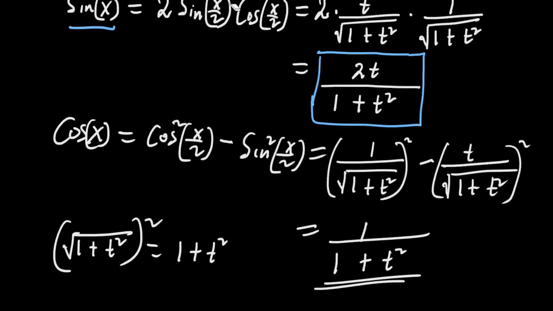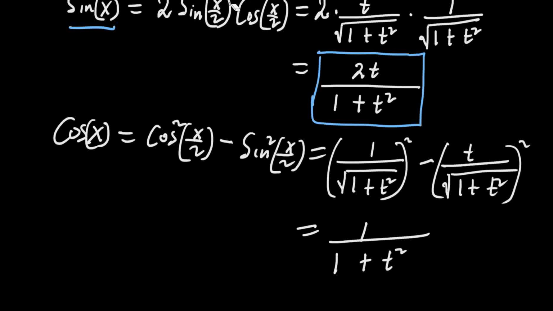So minus t squared over 1 plus t squared, because if you square this t, that gives us this, and the square of this would give us this.